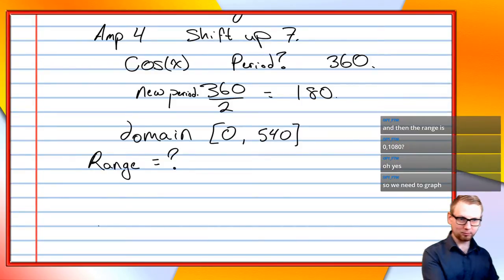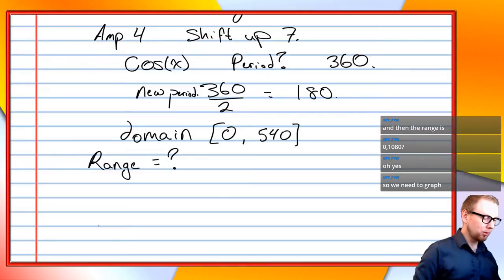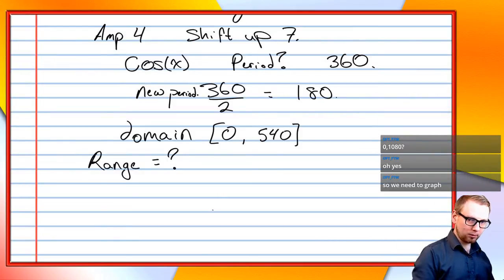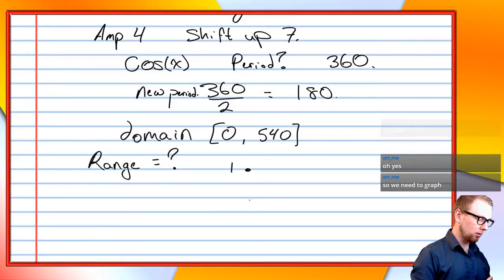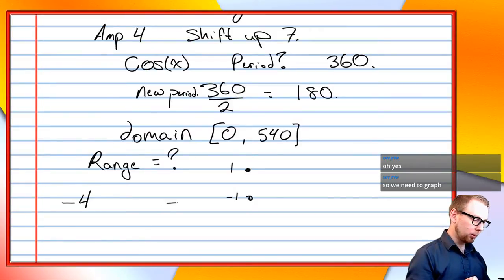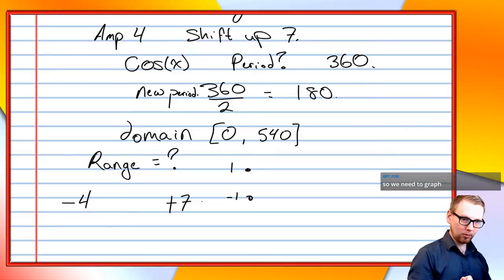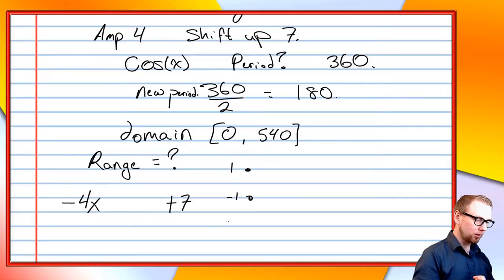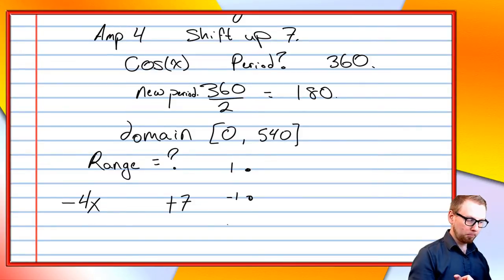So remember that the regular cosine starts at 1 and ends at -1. But we're going to start changing that. We've got this -4 on front, right? And we have a +7. So we have to multiply whatever this is by -4. Then we add 7.